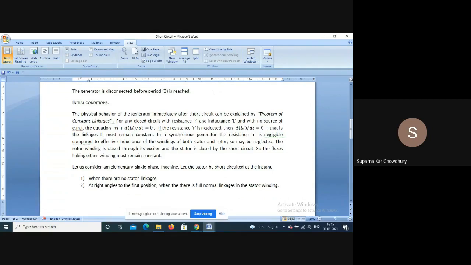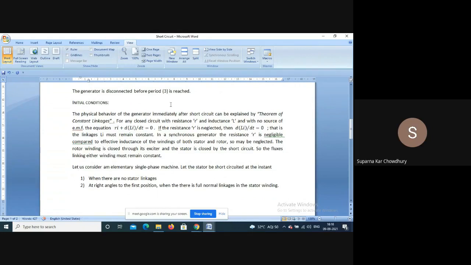Now in the synchronous machine, we have seen that the resistance is very small compared to the inductance, so it is basically a predominantly inductive circuit. Because of that, when the short circuit happens, the machine will try to keep its flux linkages constant.